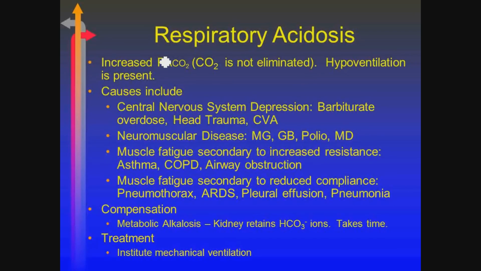I do not want you to worry about knowing what the causes are for now. However, it's something where either the brain is not sending an impulse out, maybe head trauma, barbiturate overdose. There's a neuromuscular disease, and Jeannie will spend some time talking about them next semester. Myasthenia gravis, Guillain-Barré, muscular dystrophy, polio.